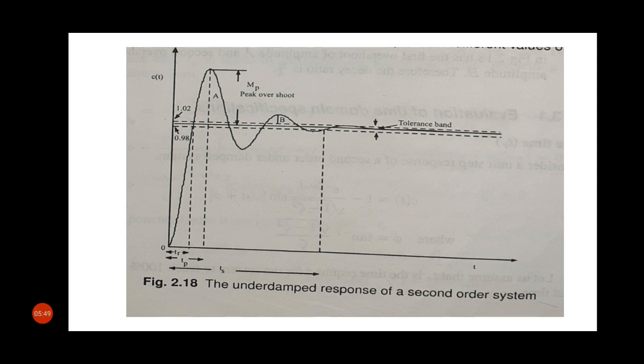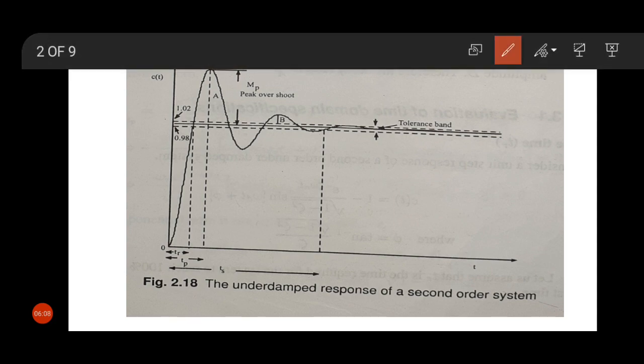Note that the response shown in this figure has a first overshoot of amplitude A, and a second overshoot of amplitude B. So this is our A and this is our B. Therefore decay ratio is B by A.